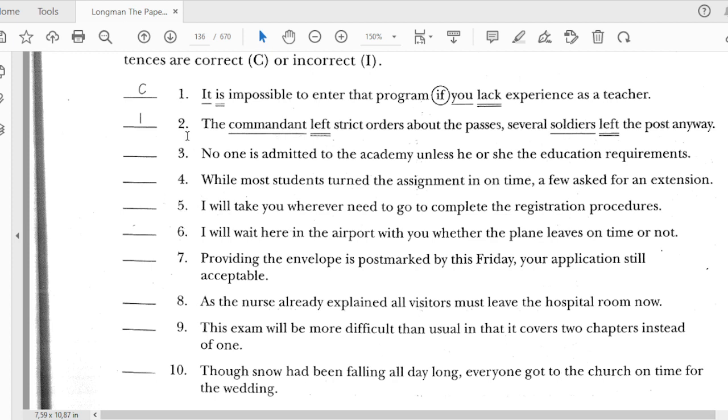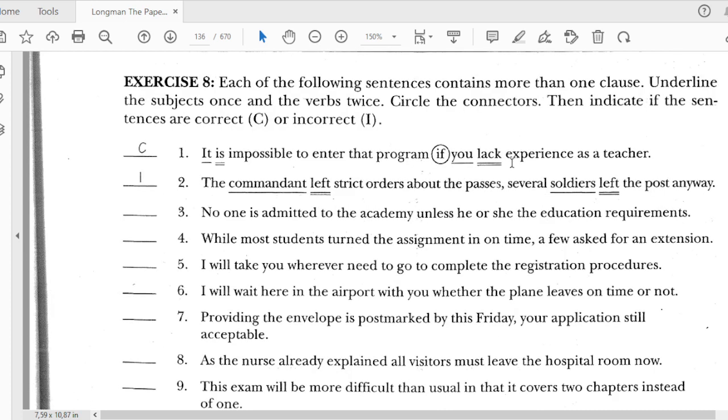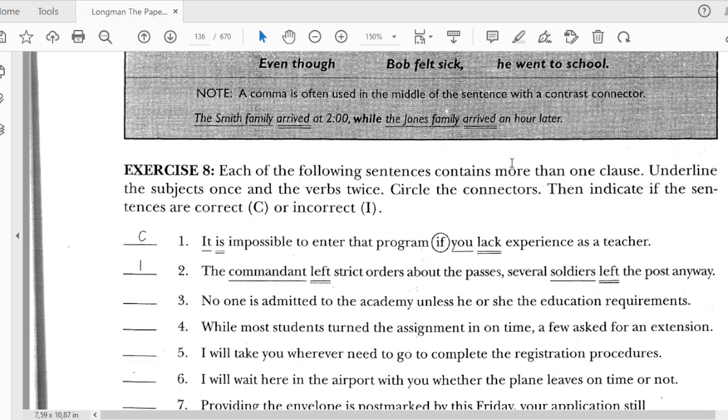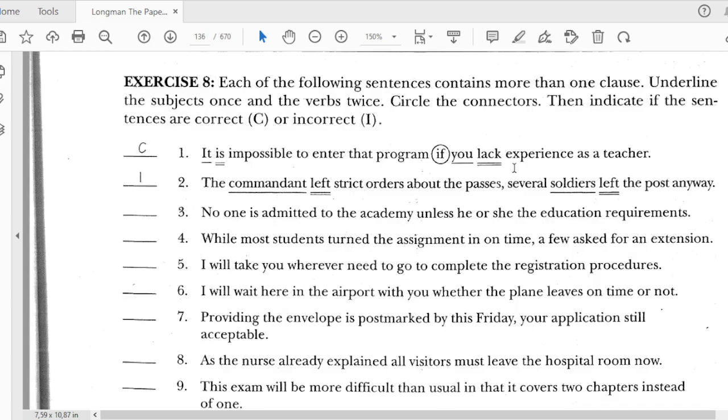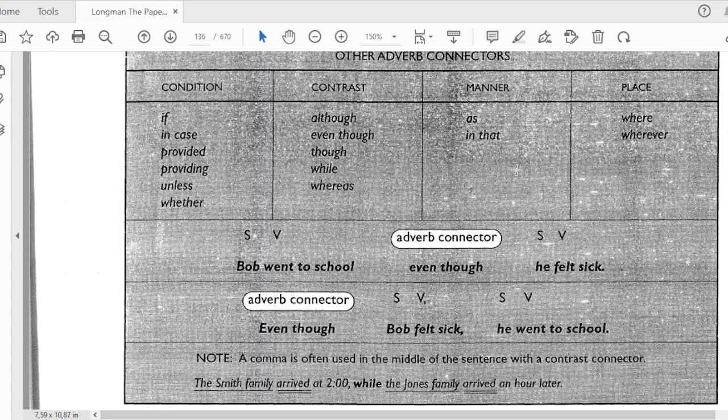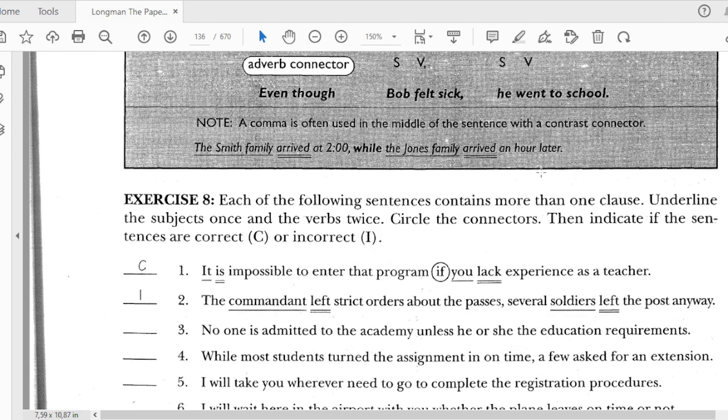Okay, number 3. No one is admitted to the academy unless he or she fulfill the education requirements.